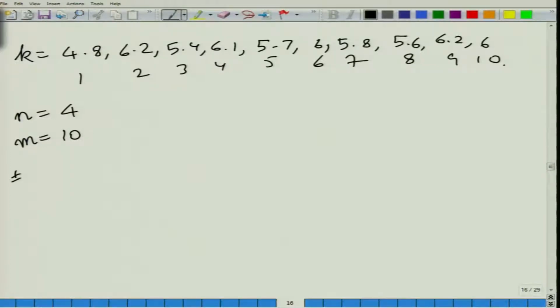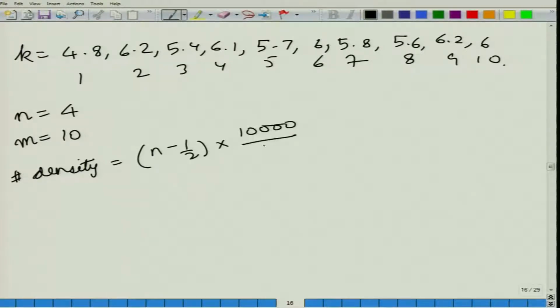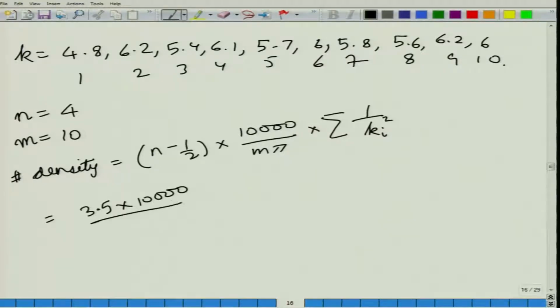So, the number density is given by n minus half into 10,000 upon m pi into sum over 1 upon ki square. So, this becomes 4 minus half is 3.5, 3.5 into 10,000 upon m is 10, so 10 pi into sum over 1 over ki square.